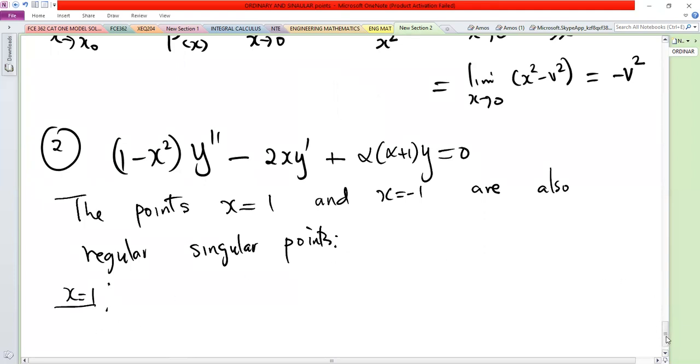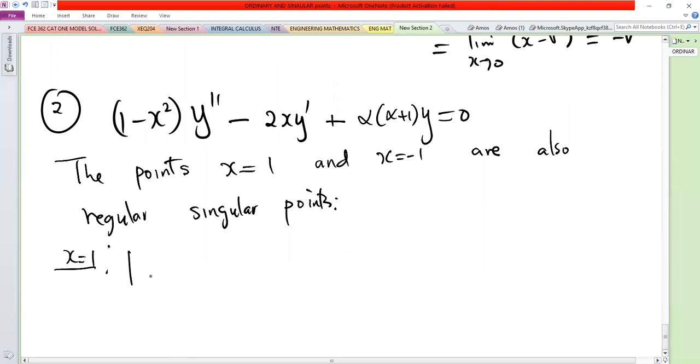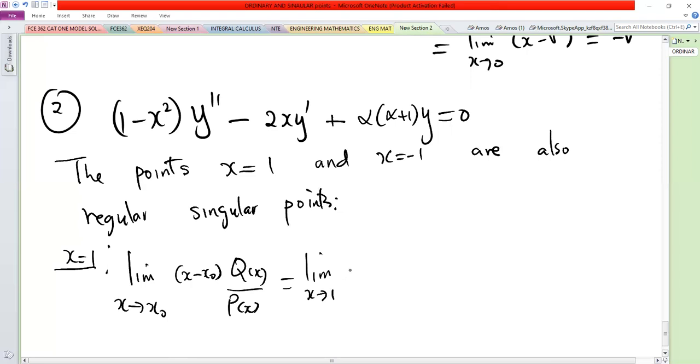So we just need the limit as x approaches x naught of (x minus x naught) times q of x over capital P of x. This will be the limit as x approaches 1 of x minus 1, times our q of x, which is minus 2x, divided by our P of x, which is 1 minus x squared.